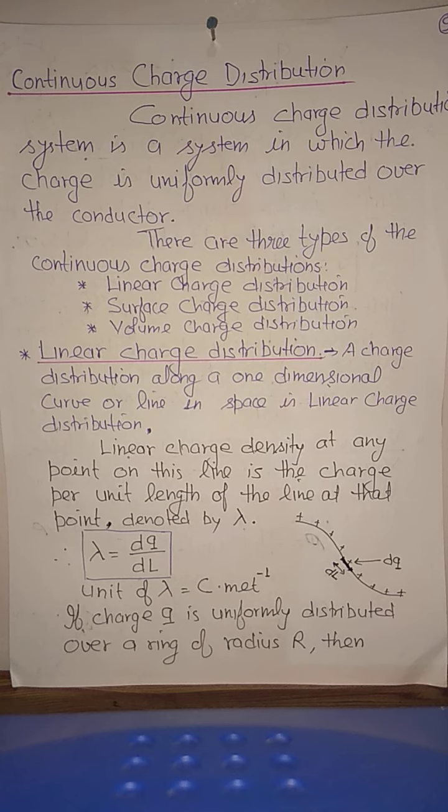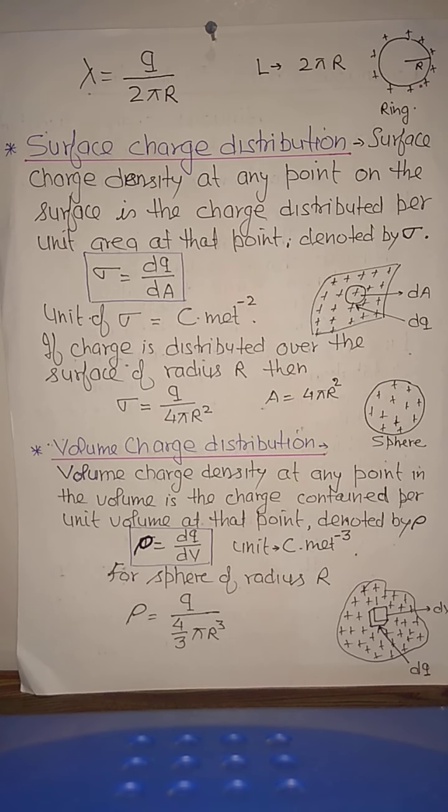Clear? Okay, class. Let us suppose this charge is uniformly distributed over a ring of radius capital R. Students, in linear charge density, if charge is distributed over a circle of radius capital R, in that condition, what will be the linear charge density?